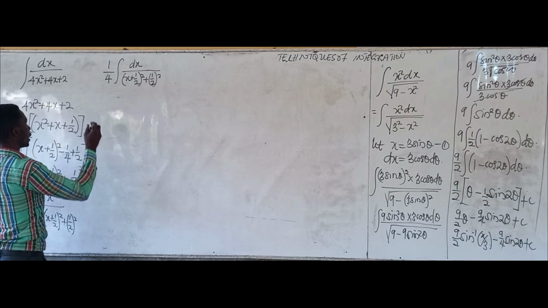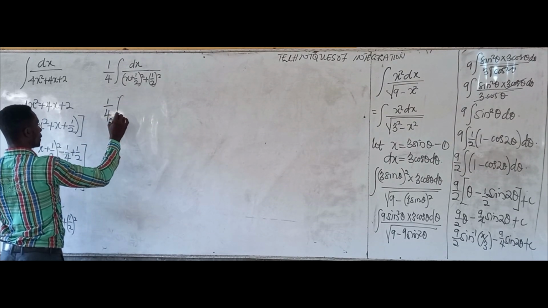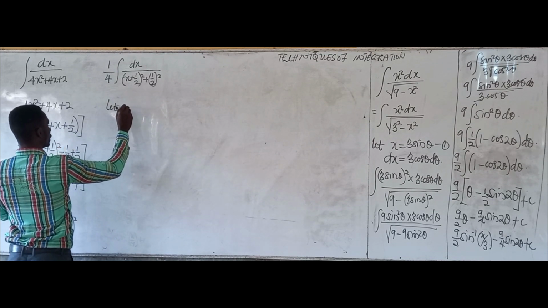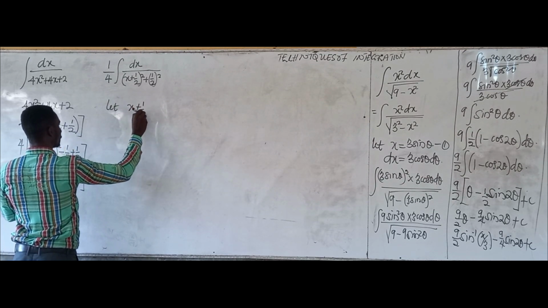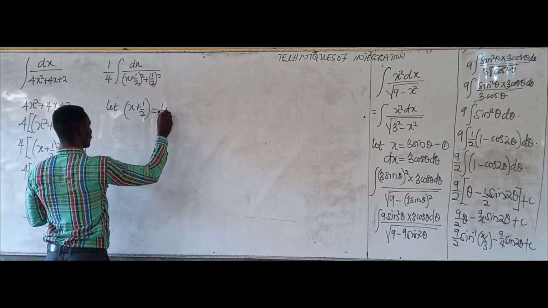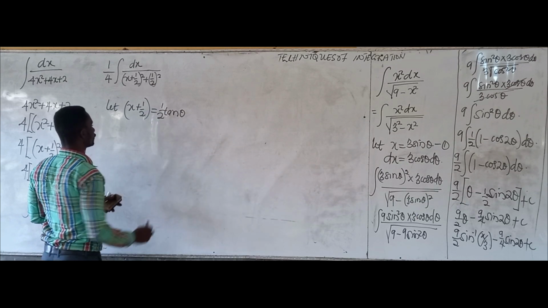So here I'll get 1 over 4 integral. Let x plus half is equal to half tan theta.